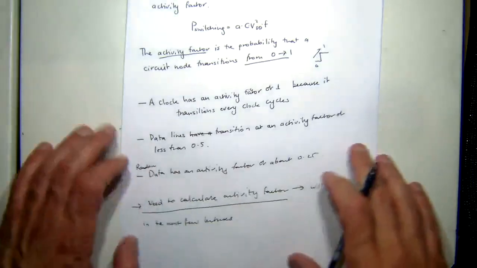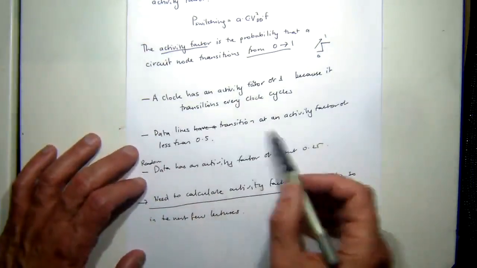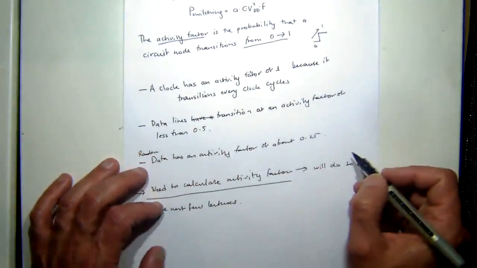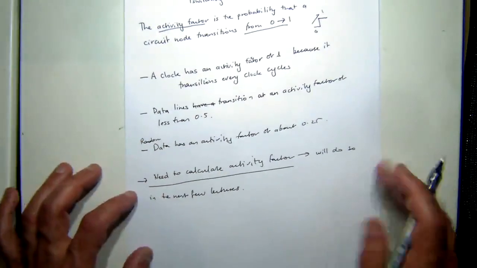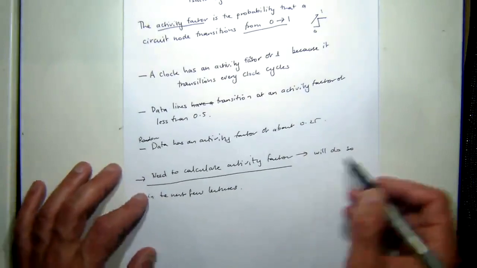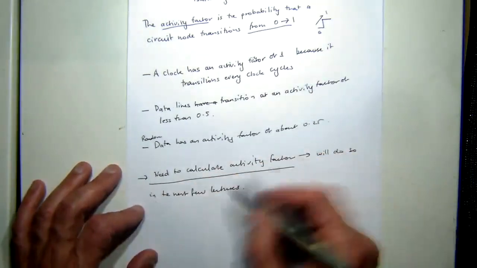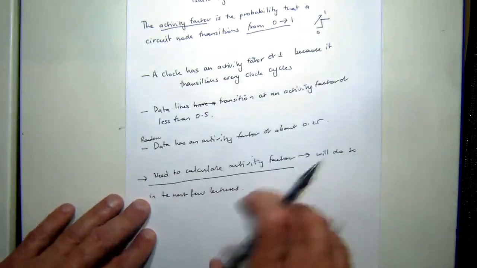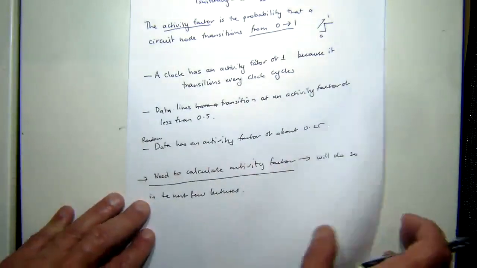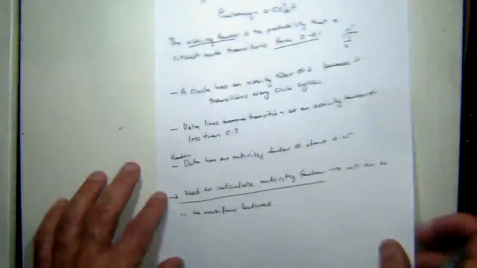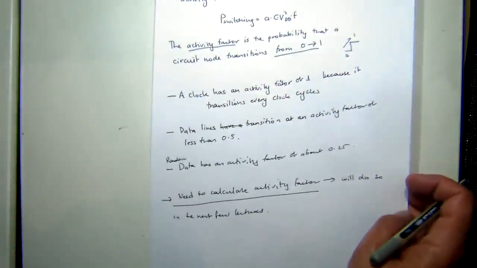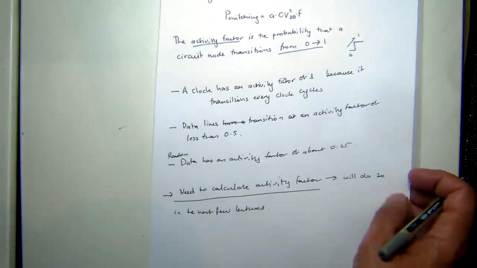Anyway, what we said is data lines transition usually at an activity factor of less than a half. We'll talk about how to estimate or determine activity factor in a few examples, probably two or three slides' time, but I just wanted to introduce activity factor and make you aware of it, and we'll talk about it in the next few slides.